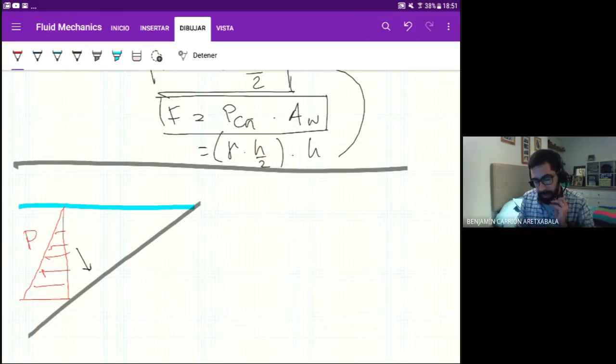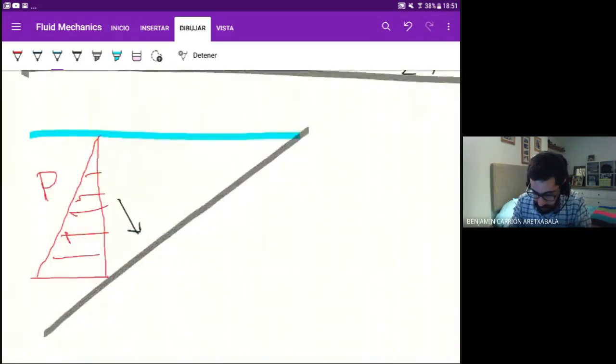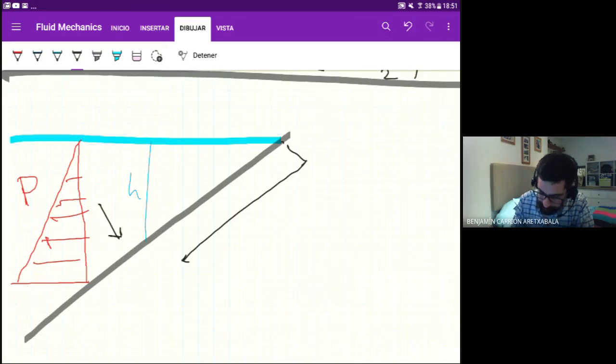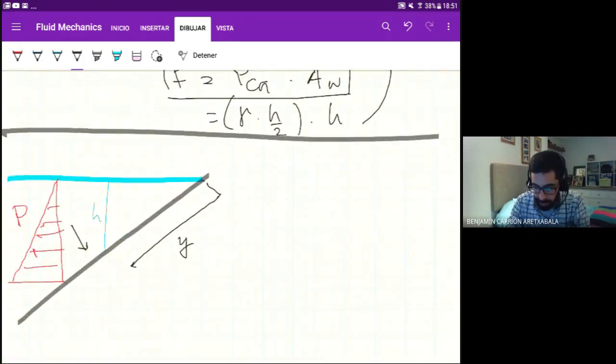At every point on your surface, you're going to have a different pressure. The vertical distance we're going to call h, and we're going to have a coordinate along the surface, y.